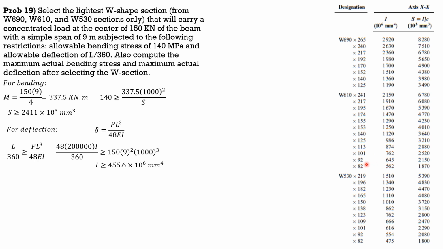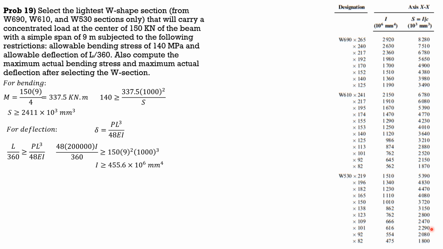While W610 by 92, I satisfies, but for section modulus it does not satisfy. This is only 2150. The required is 2411. Now for W530, the lightest so far is 101. So let's proceed to 101 here. I is 616, so it satisfies, but the section modulus 2290 is less than 2411, so it does not satisfy.